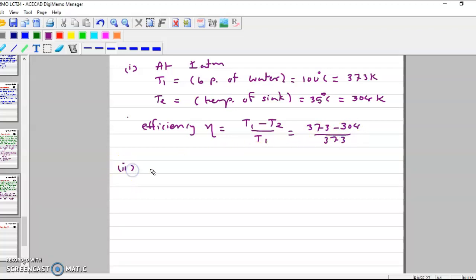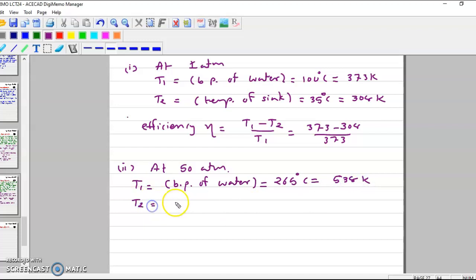Now for the second one, at 50 atmospheric pressure, the higher temperature T1 is again the boiling point of water, which is 265 degrees Celsius given, and that is 538 Kelvin, and the temperature of the sink is 35 degrees Celsius, which is 308 Kelvin.